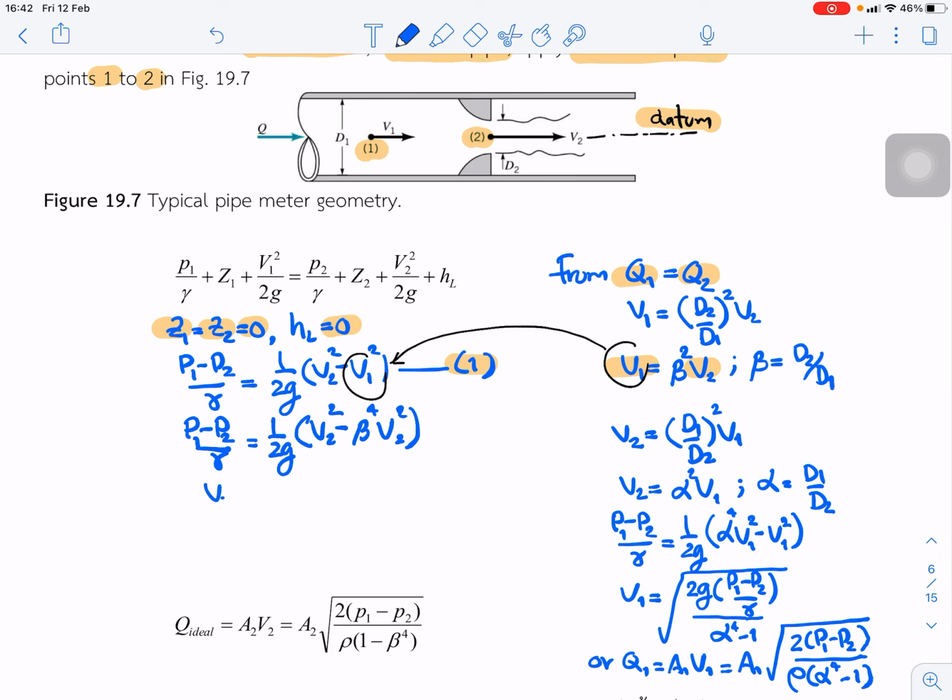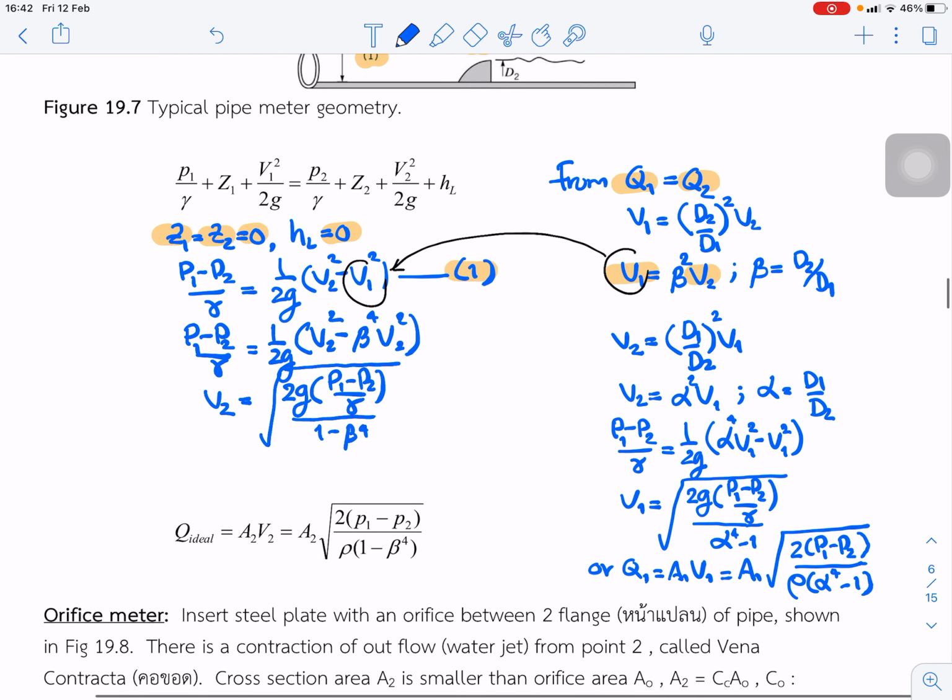And we rearrange this equation to get V2 equal to the square root of 2 times the pressure difference P1 minus P2, divided by rho times 1 minus beta to the power 4. And we can write the equation of Q equal to area at point 2 times V2.